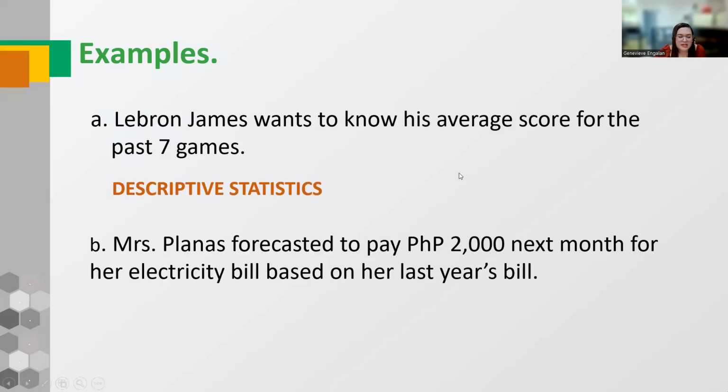Mrs. Planas forecasted to pay 2,000 next month for her electricity bill based on her last year's bill. So forecasted means she predicted that her bill next month will be 2,000 because of her bill last year.